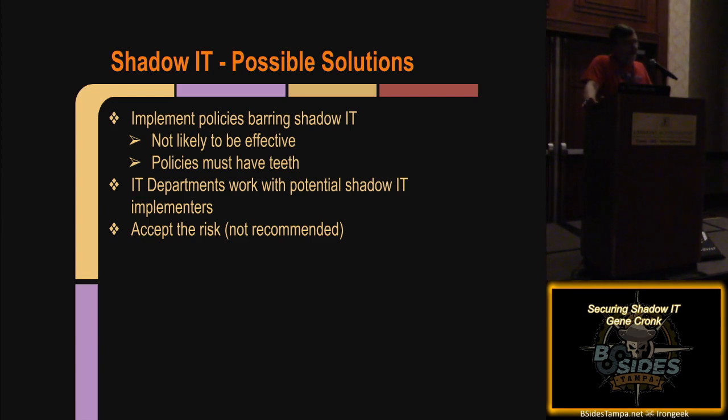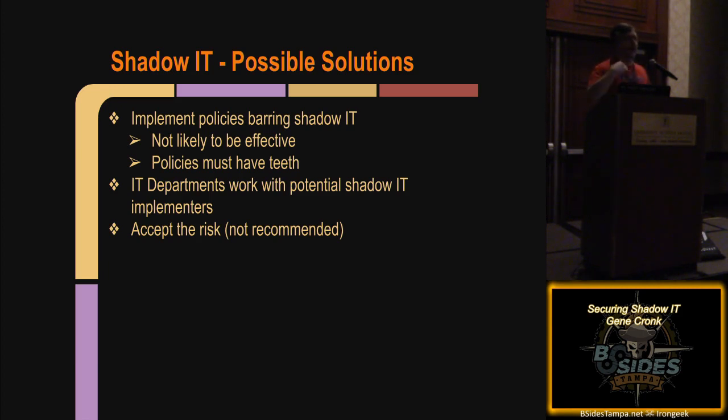the more effective solution, in my opinion, would be that IT departments actually work with potential shadow IT implementers. Basically, the IT department approaches the implementer and says, hey, I understand you might be trying to stand up something outside of our realm.